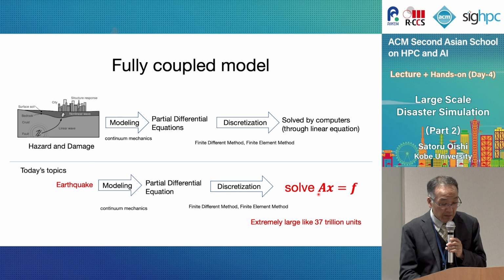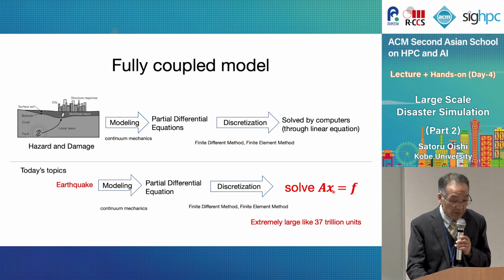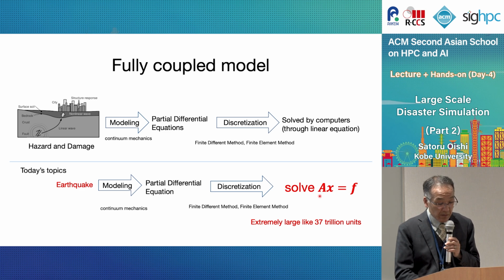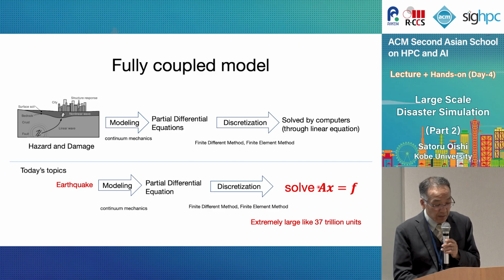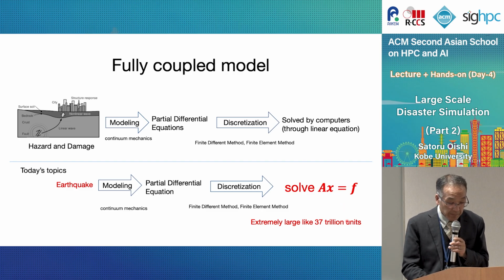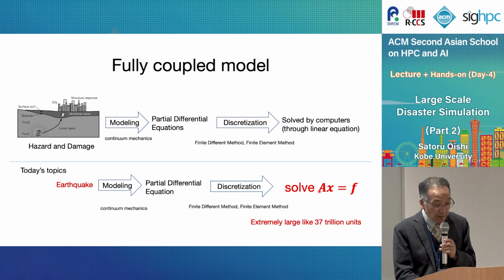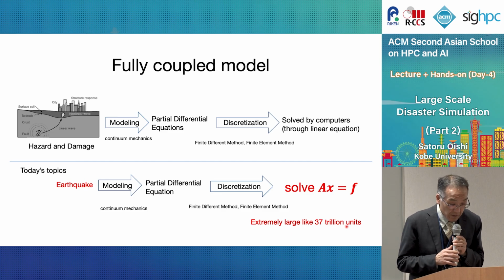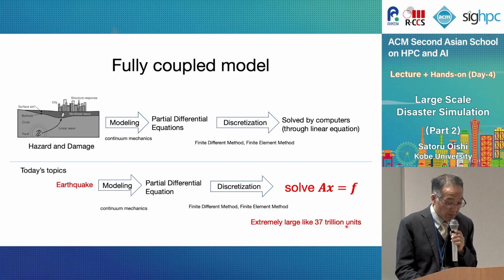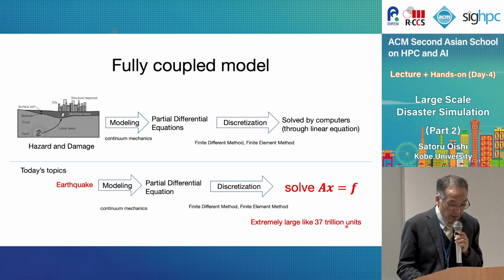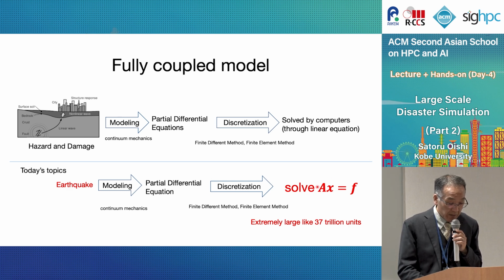So for getting the calculation, you just need the inverse of this A matrix, then you can solve for X. But the A matrix is extremely large, like 33 trillion unknowns. It's a huge amount, and normally it is not easy to calculate the inverse of A.